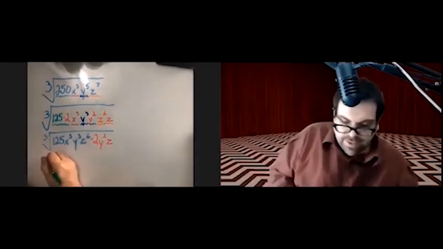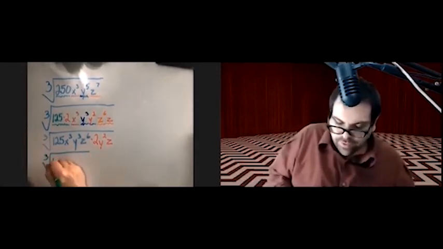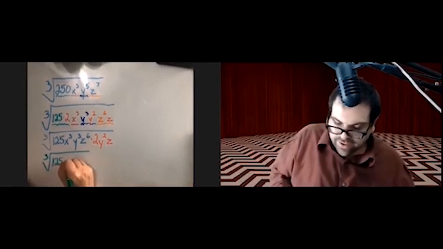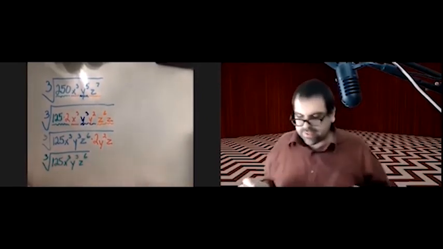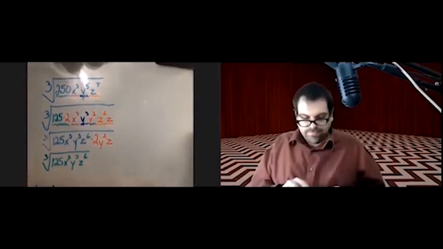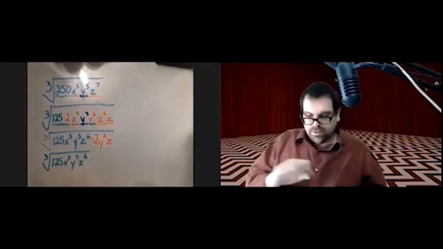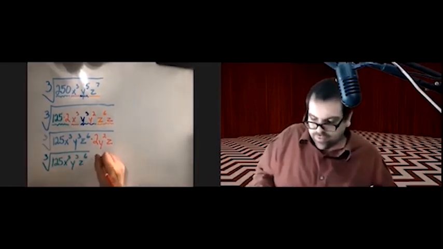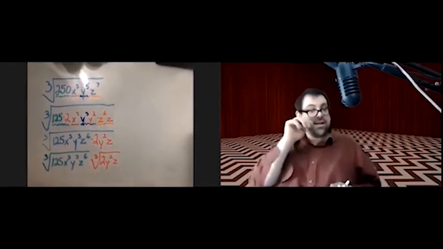So when we split this, it's going to be the cube root of 125 x cubed y cubed z to the 6th times the cube root of the leftover piece, the stuff that can't get simplified, 2y squared z.